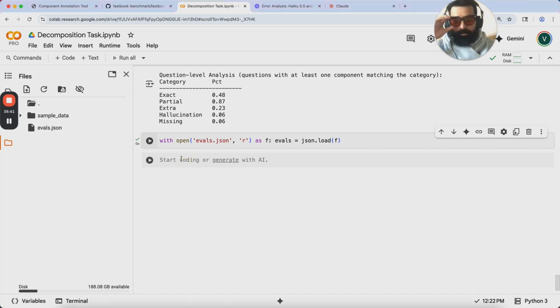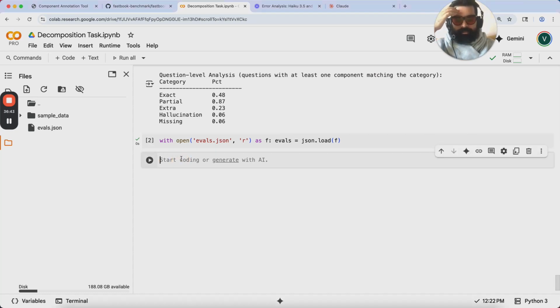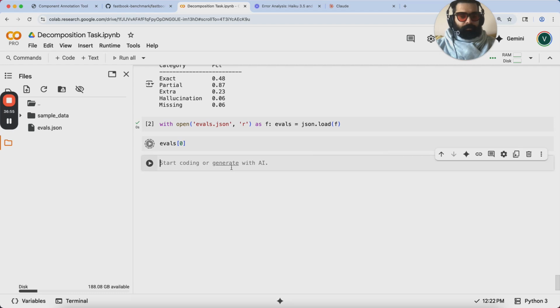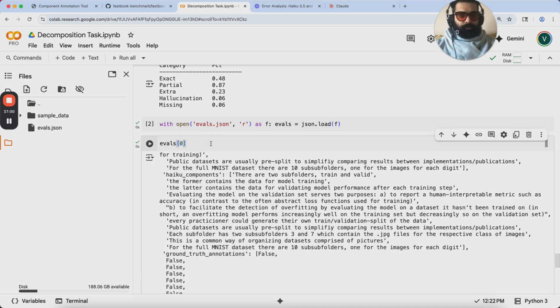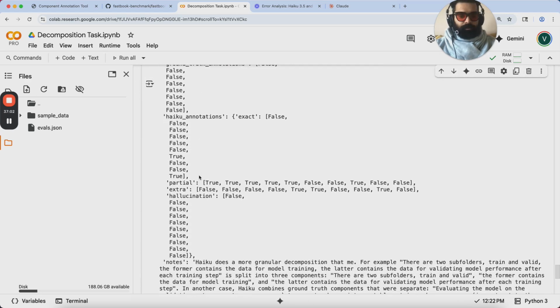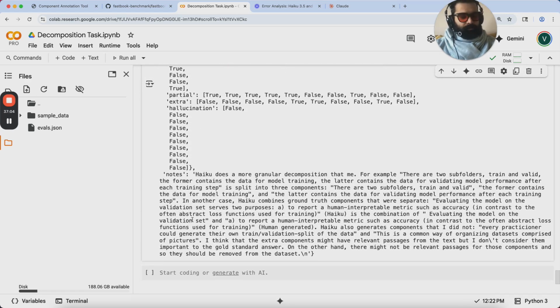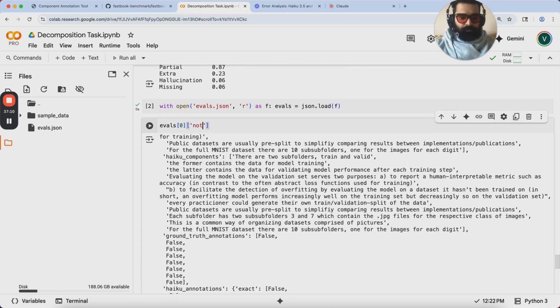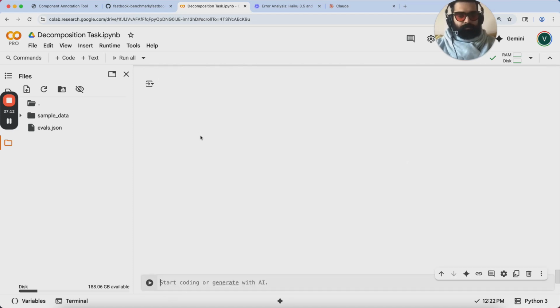Okay, so I have this here. I've loaded my evals.json. So if we look at the first one, and yeah, here's my notes. Cool.